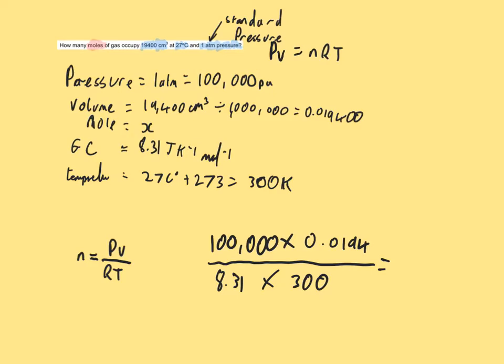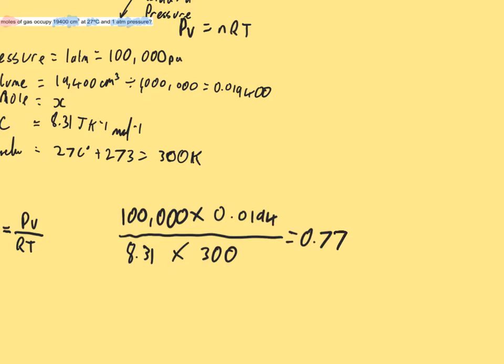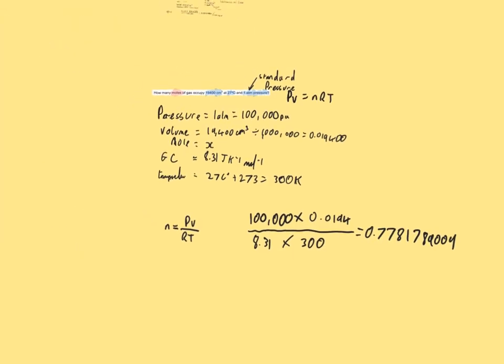It's going to be a lot harder to do it in your head. 100,000 times 0.0194, over 8.31 times 300, is 0.7781, 78909. Right. Once again, we can't leave it like that.